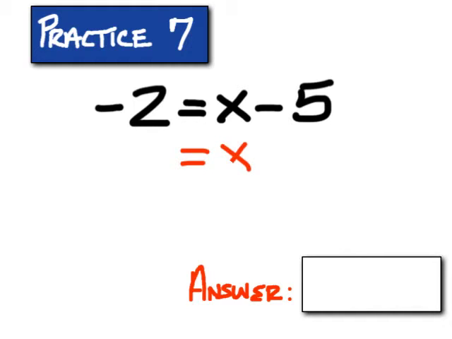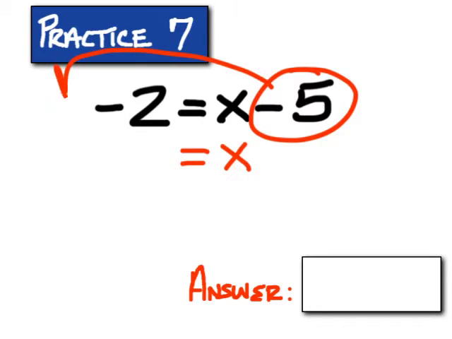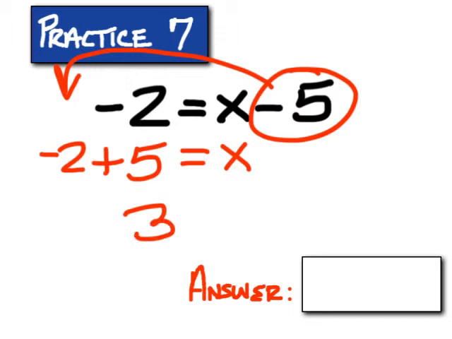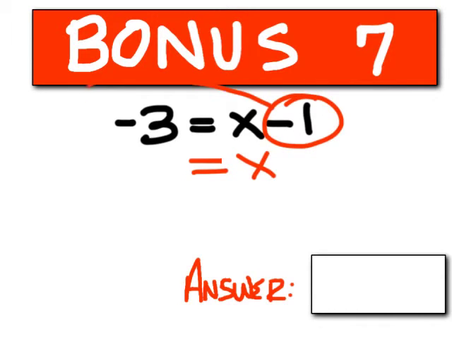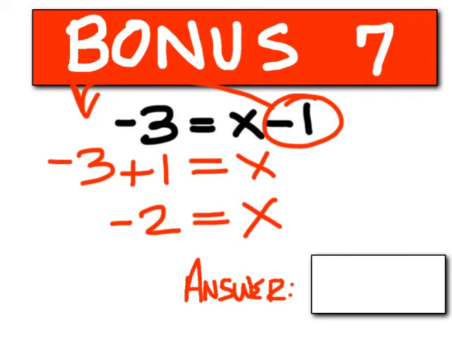On the practice problem, move this to the left, change the operation to plus, and get a positive 3. Leave your x where it's at. Move this to the left, but change the sign. Should be plus 1, which will give us a negative 2.